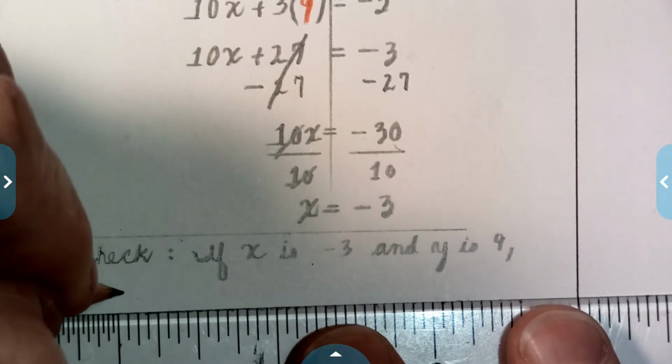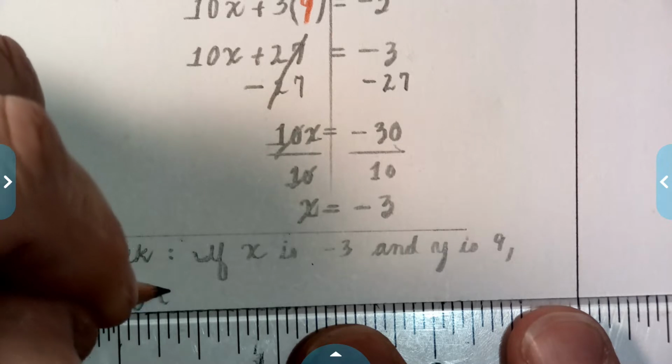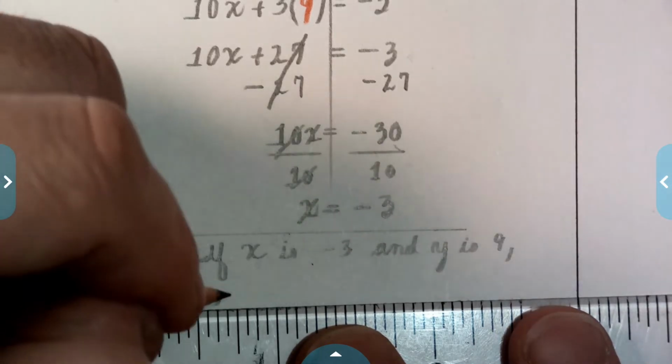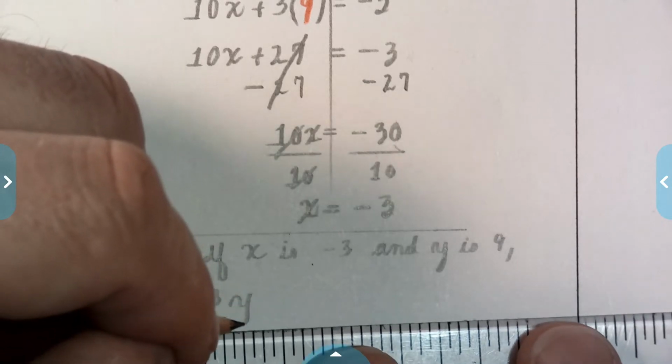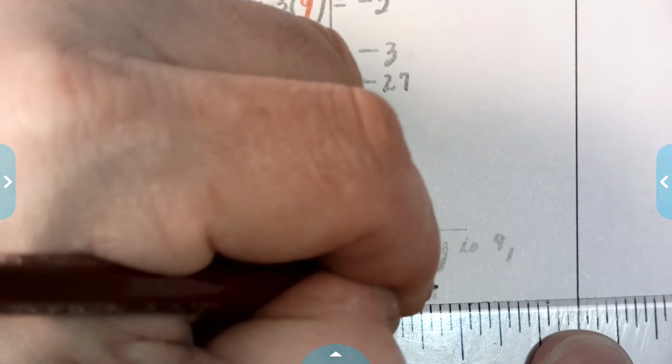Then 10x plus 3y equals negative 3 should be true. Okay, that's a claim, right? It's a hypothesis.